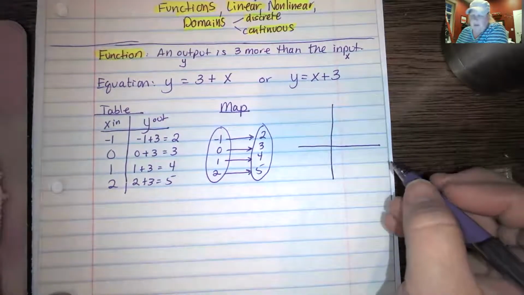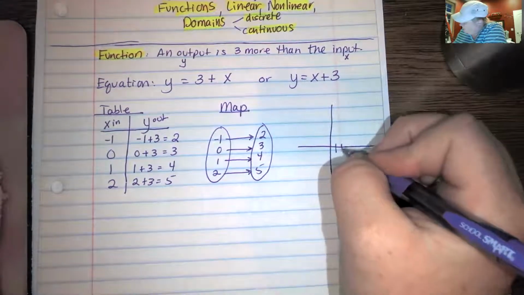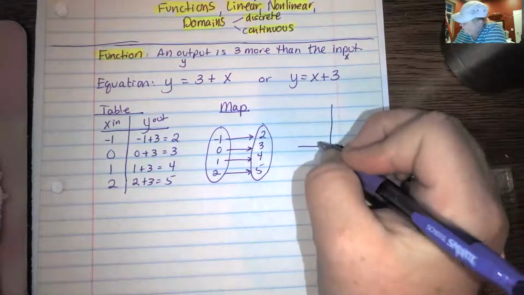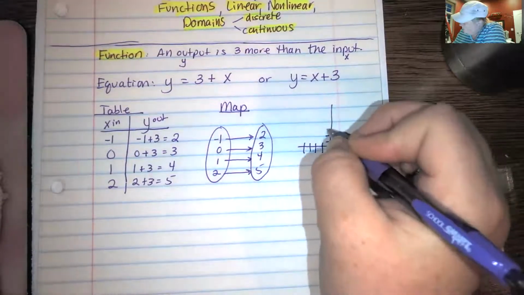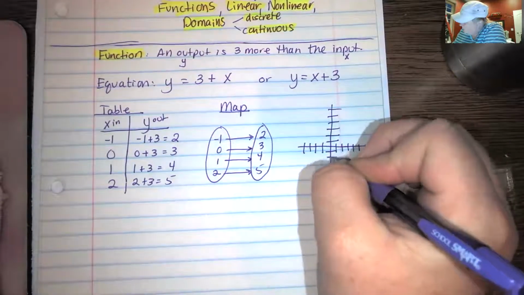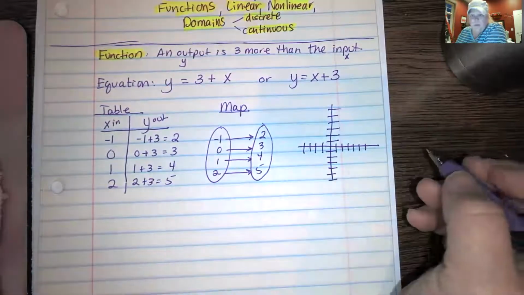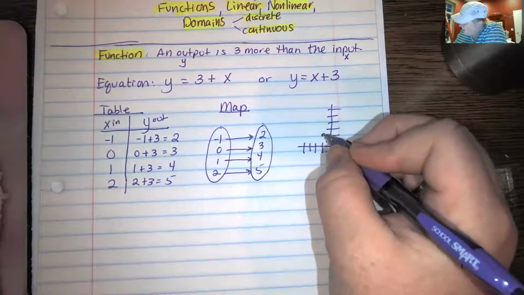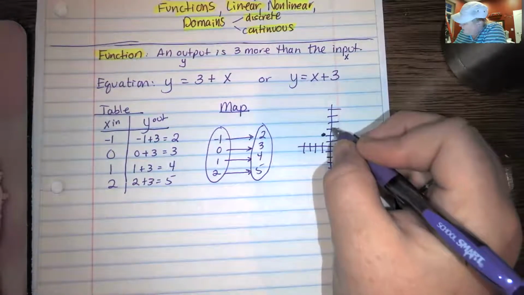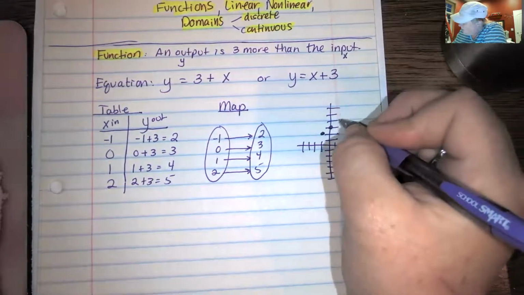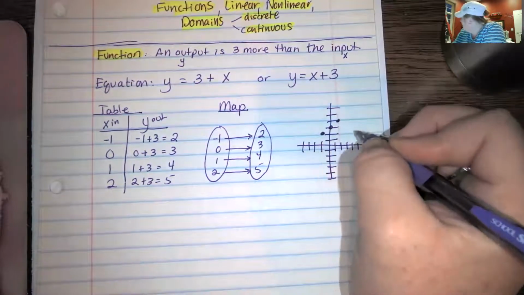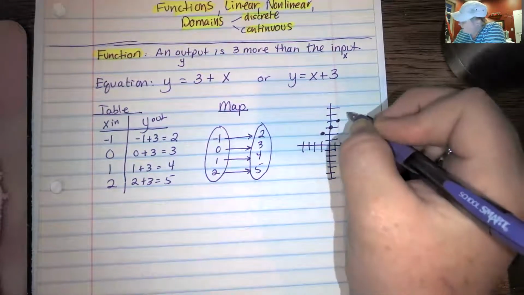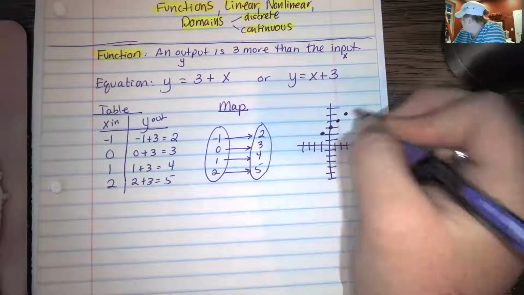Now I do have graph paper, but I think we'll be all right. Okay, so let's graph. Let's see, -1, 2, 0, 3, 1, 4, and 2, 5.